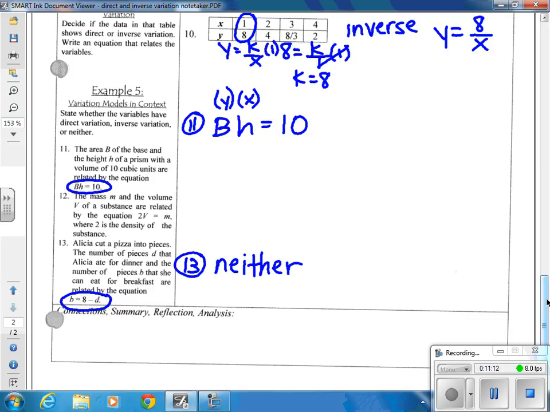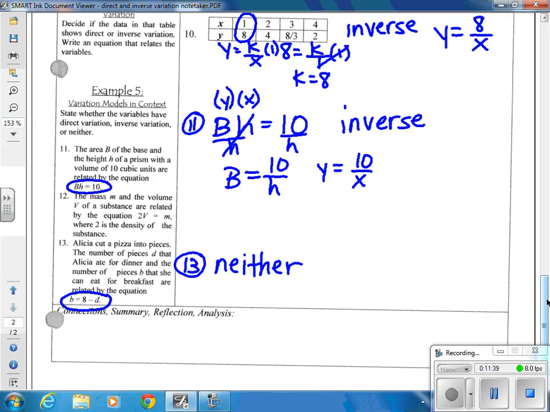If I solve this for Y, I have to divide by H in order to get the B by itself. That leaves me with B equals 10 over H. If you switch my B and my H to the X's and Y's, then that turns into Y equals 10 over X. It resembles the formula of inverse variation very nicely. So this would be an inverse variation problem.